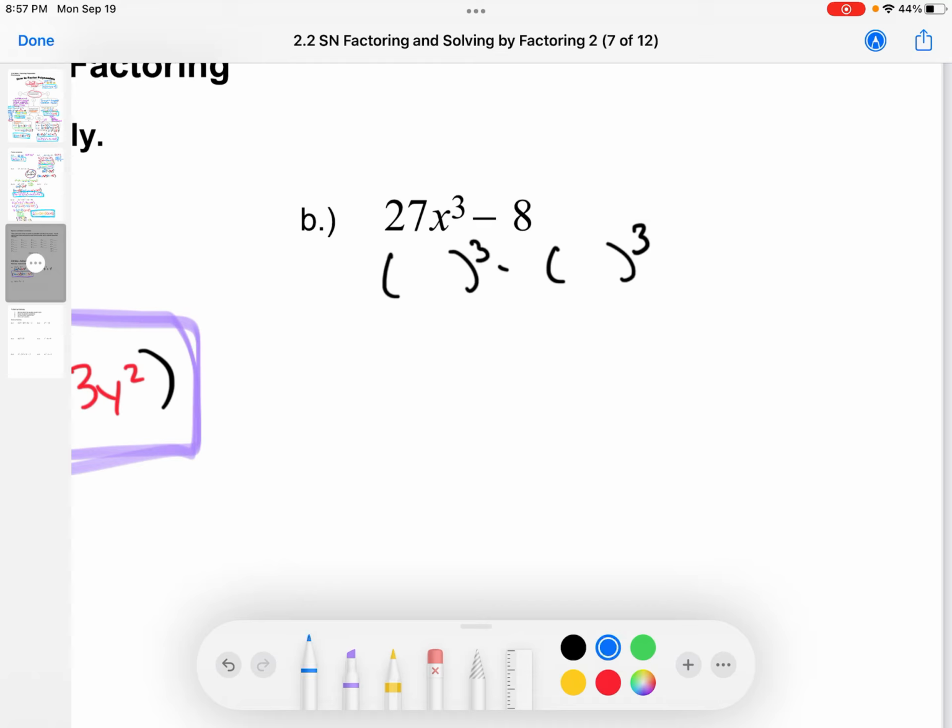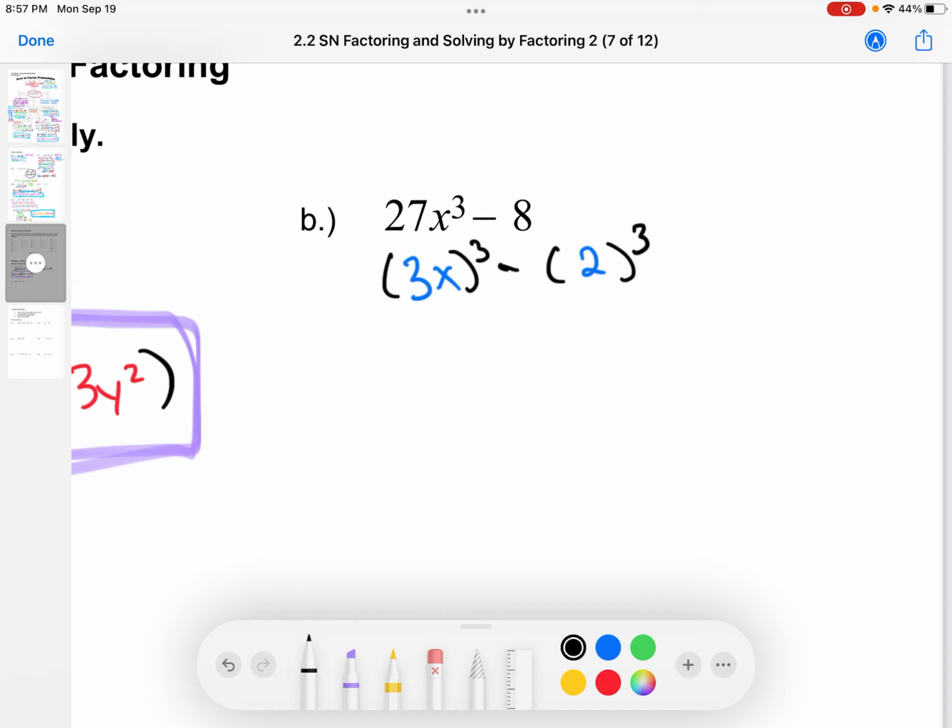So we take the cube root of 27x to the third, or we say what to the third power will give us 27x to the third, and that's going to be 3x. Then we look at 8. 2 to the third power is what gives us 8.